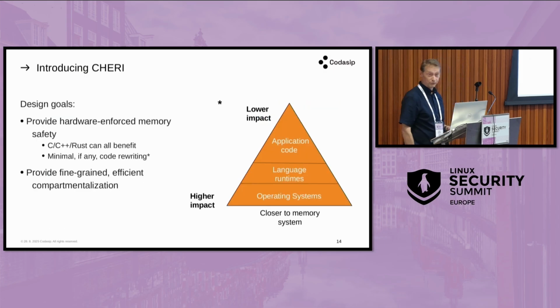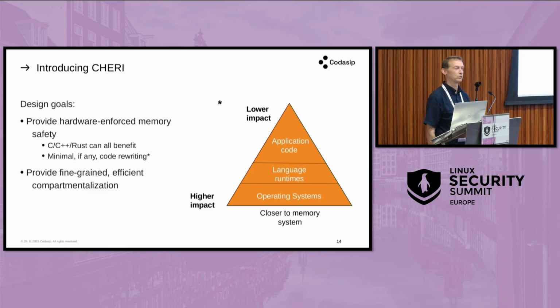The design goals for CHERI are to provide memory safety, even for languages like C and C++. It also benefits other languages, including Rust, and also provides fine-grained, efficient compartmentalization. Fine-grained is important.